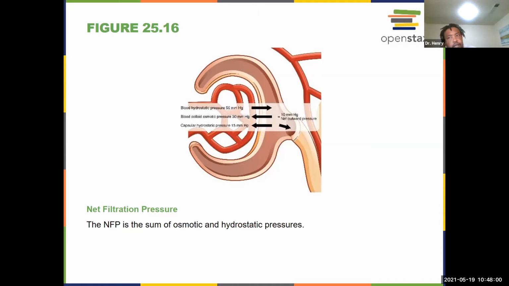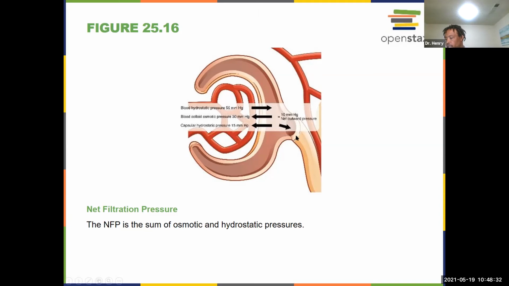Okay, so if we look at the net filtration pressure, in this case we're going to be looking at the sum of the osmotic and the hydrostatic pressure. So here, in one case, this represents the blood hydrostatic pressure going in.